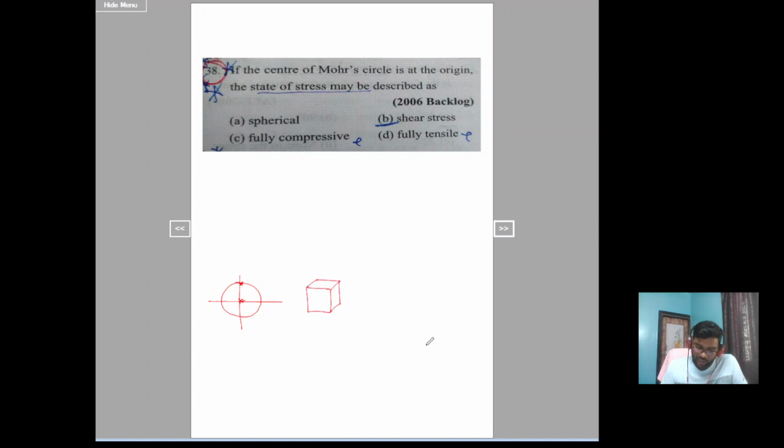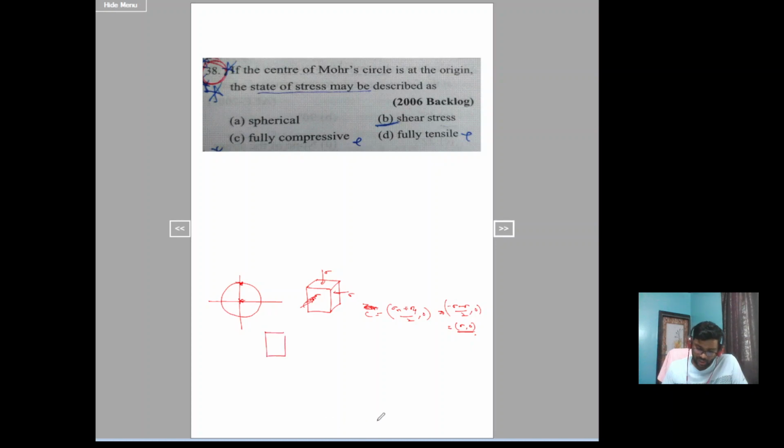As I have told you, in case of spherical stress condition, sigma, sigma. If you take two-dimensional stress condition, you can say sigma x plus sigma y by 2 comma 0 is the center of the Mohr circle. Sigma x plus sigma y by 2, which is 2 sigma by 2 comma 0, equals sigma comma 0. So the center of the Mohr circle is not at origin in case of spherical stress condition.